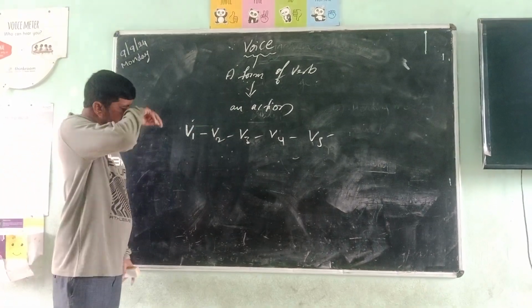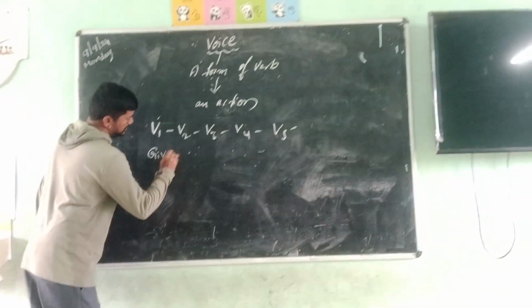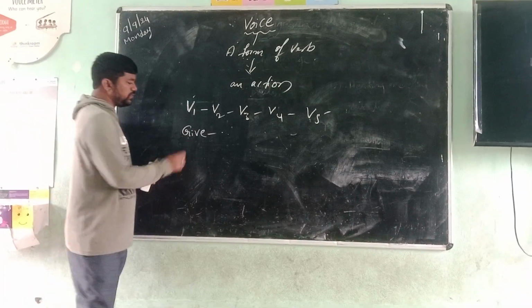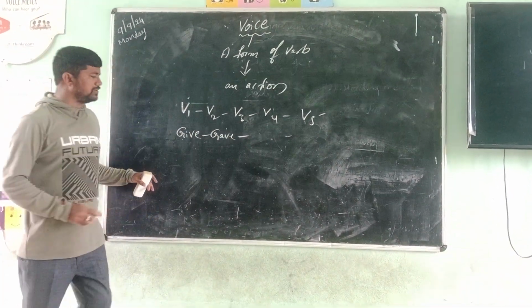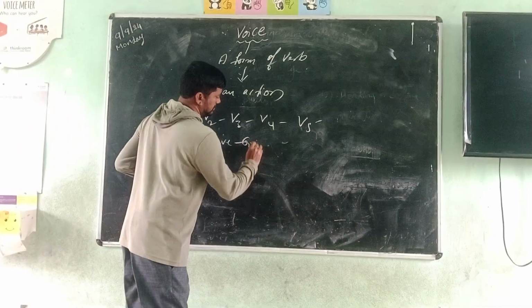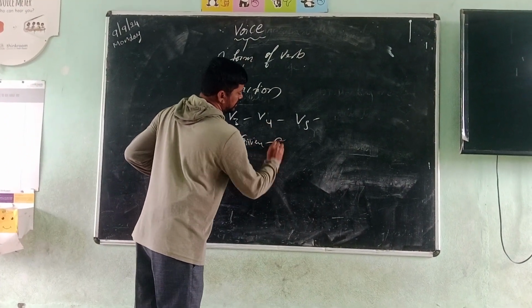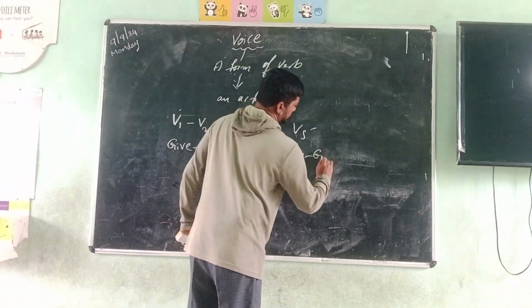Let's take one verb, for example, give. This is the base form of the verb give. What is the V2 form of give? Gave. What is the V3 form of give? Given. What is the V4 form? Giving. What is the V5 form? Gives.